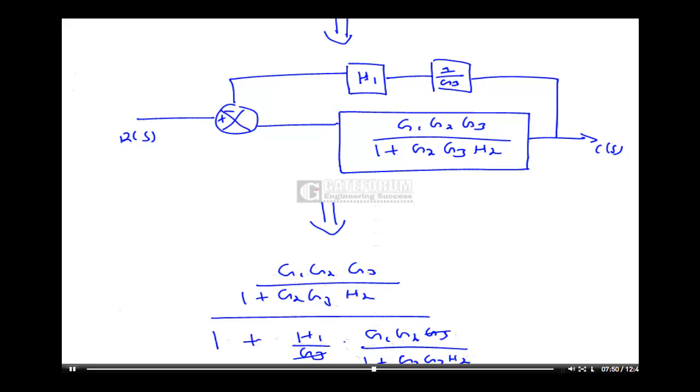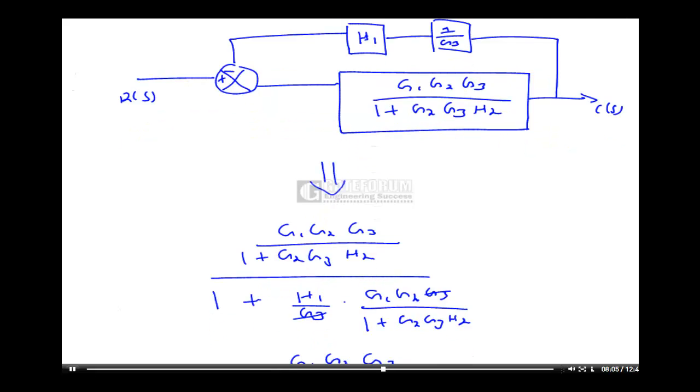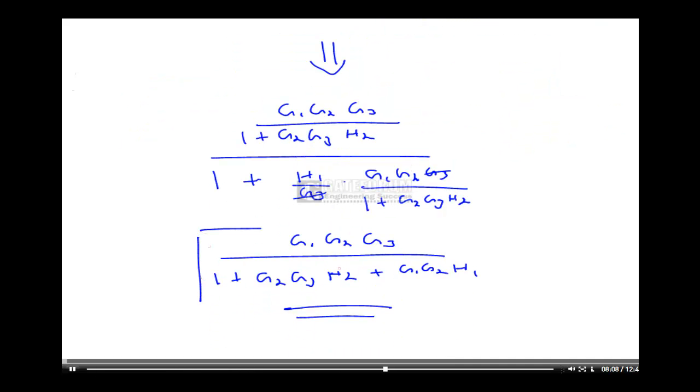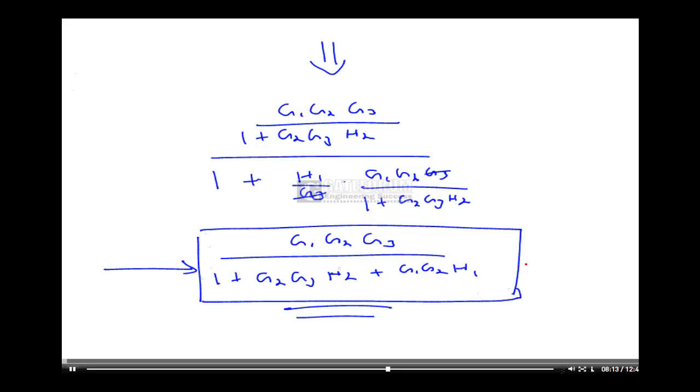Okay, this will get cancelled. This will be G1 G2 G3 over 1 plus G2 G3 H2 plus G1 G2 H1. This is the final block representing the combination of all the blocks. If input is given as RS, output is CS.